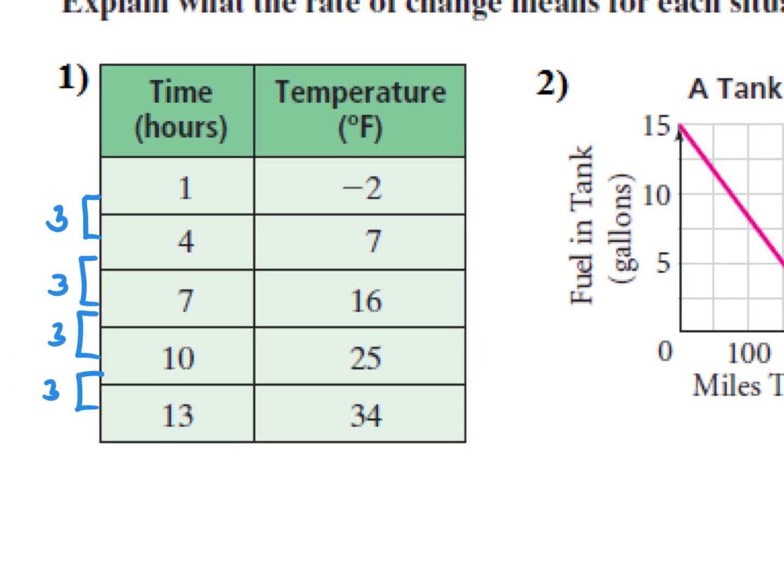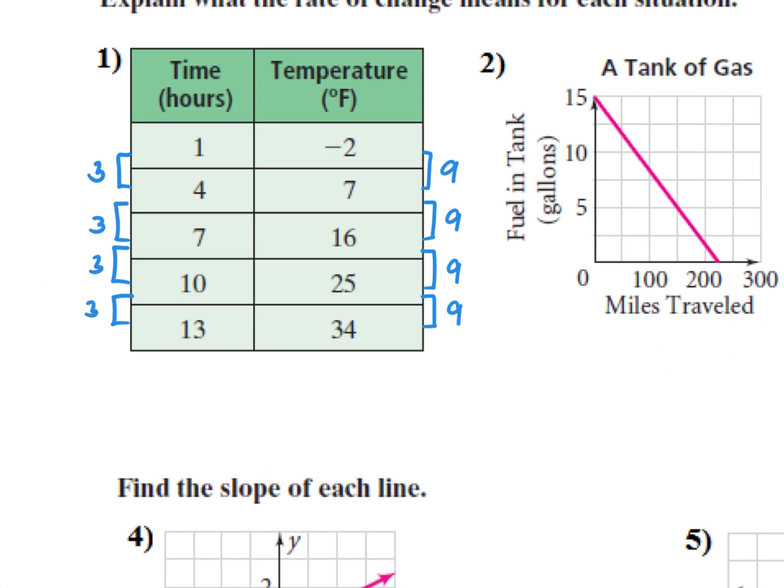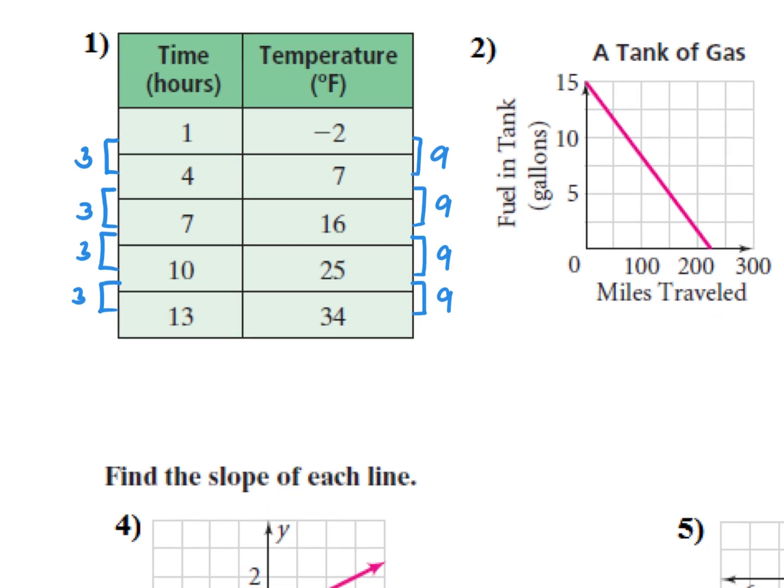In here, from -2 to 7, it's going to give you 9. From 7 to 16, it's also 9. 16 to 25, it's also 9. And 25 to 34, it's 9. Okay, so let's use our slope formula for you to understand, but there's also a shortcut here.